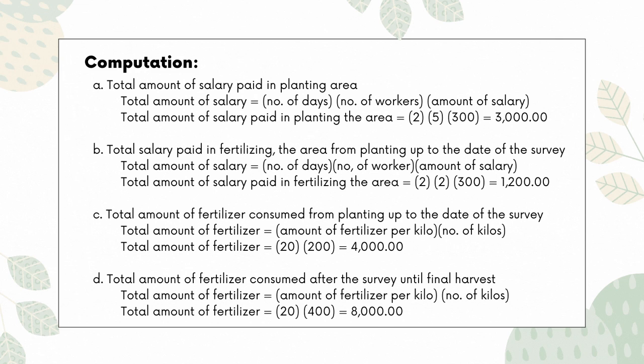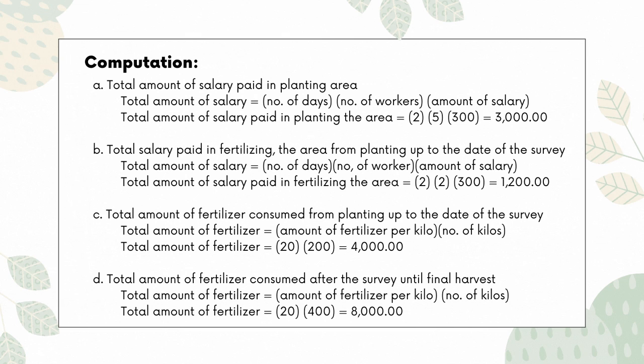Letter C, total amount of fertilizer consumed from planting up to date of the survey. Total amount of fertilizer is equal to amount of fertilizer per kilo times number of kilos. In numbers, 20 times 200 is equal to 4,000.